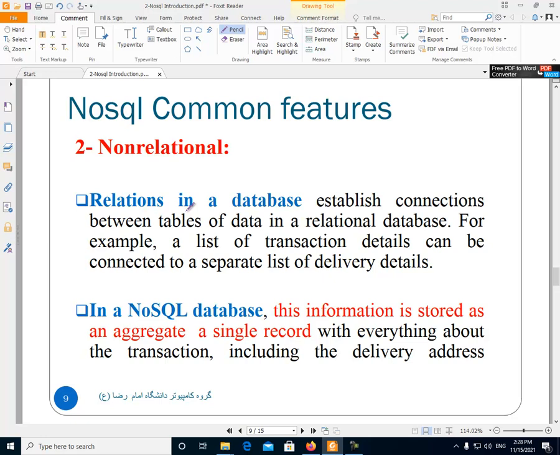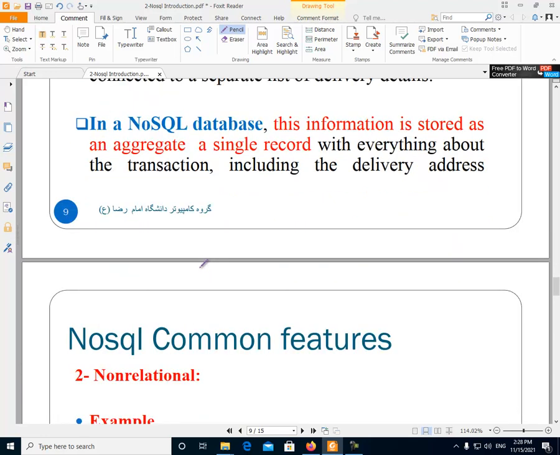But in the NoSQL database, all of these data are stored together: what a customer has bought, and also the delivery details. So we don't need to relate data. This is very important.